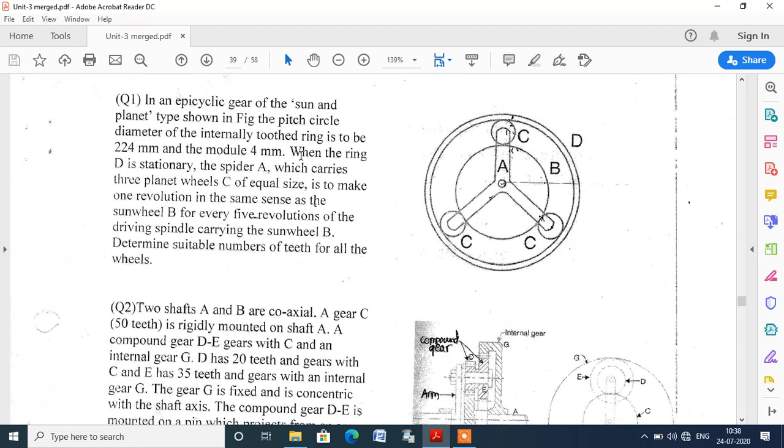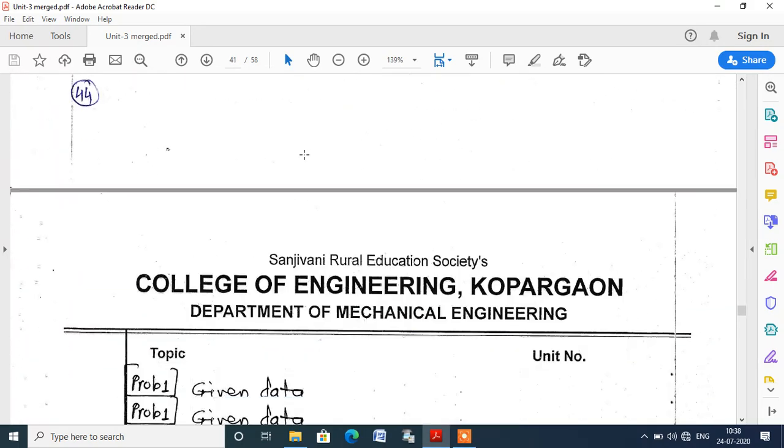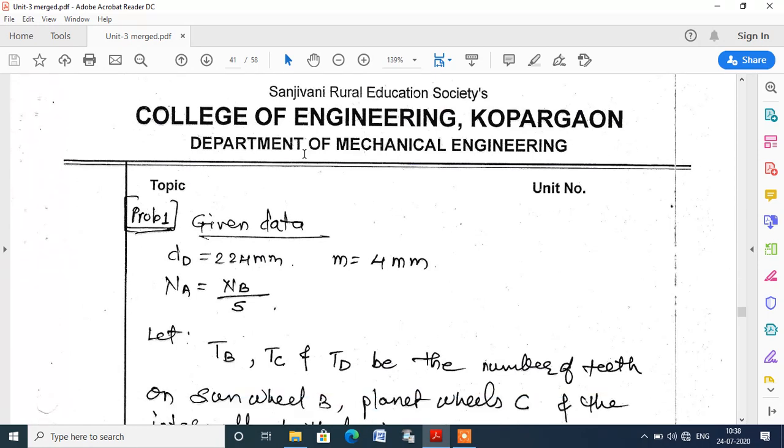Okay. Now come to the solution. In the problem it is mentioned the pitch circle diameter of gear D is 224 mm, the module is 4 mm, and the speed of spider is equal to the speed of the sun wheel divided by 5, that is when the sun wheel makes 5 revolutions the spider makes 1 revolution, so NA equal to NP upon 5.